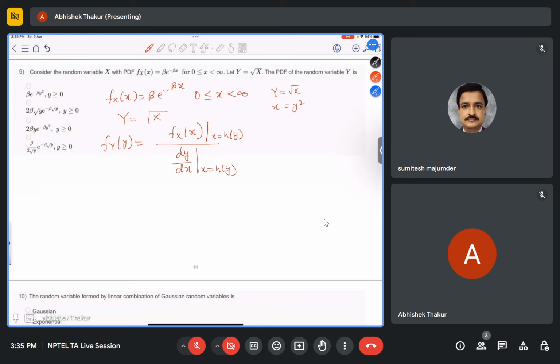So f of x is given as beta e to the power of minus beta x, where x is equal to y square, divided by dy by dx. When you do dy by dx, we get x to the power of 1 by 2, so that becomes 1 by 2 into x to the power of minus 1 by 2, that is 1 by 2 root x. So this dy by dx is 1 by 2 root x, and the value of x is y square. After substituting this value, we'll get the density function.